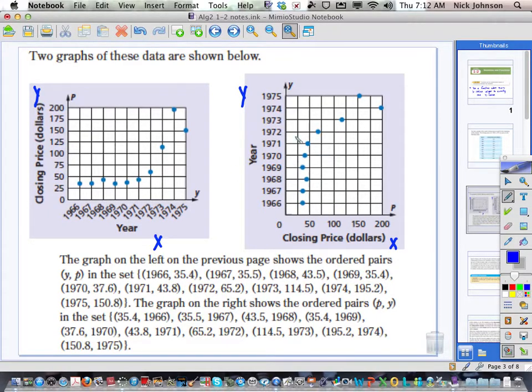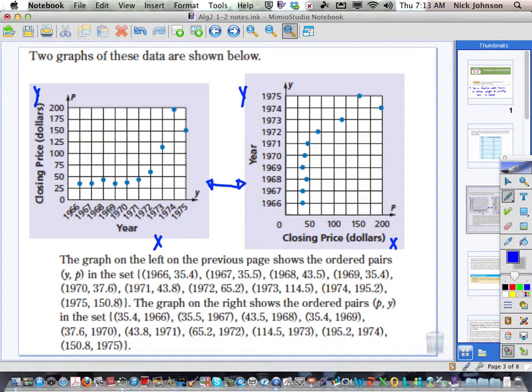Now, to me, I would always put years down here at the bottom, but that's just me. Sometimes people do things a little bit different, and you have to be able to read graphs to understand what they are trying to tell you. Okay, you should note that both these say the same thing.